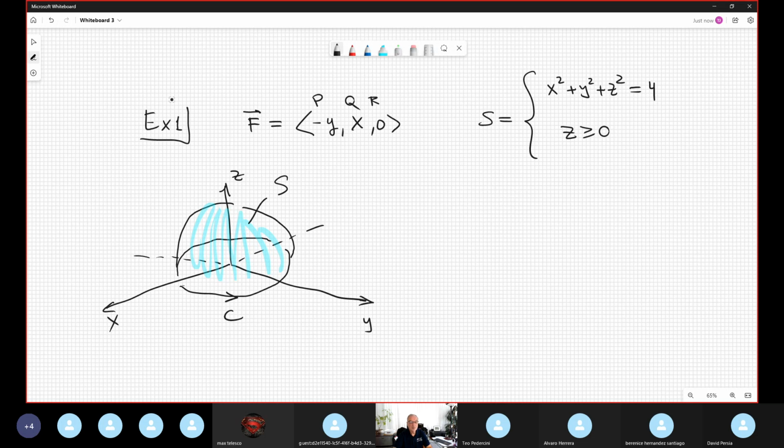Now I want to compute the problem using Stokes. Remember, Stokes says the integral on the closed curve C of this vector field dot dr is equal to the surface integral, but the integrand function is the curl.